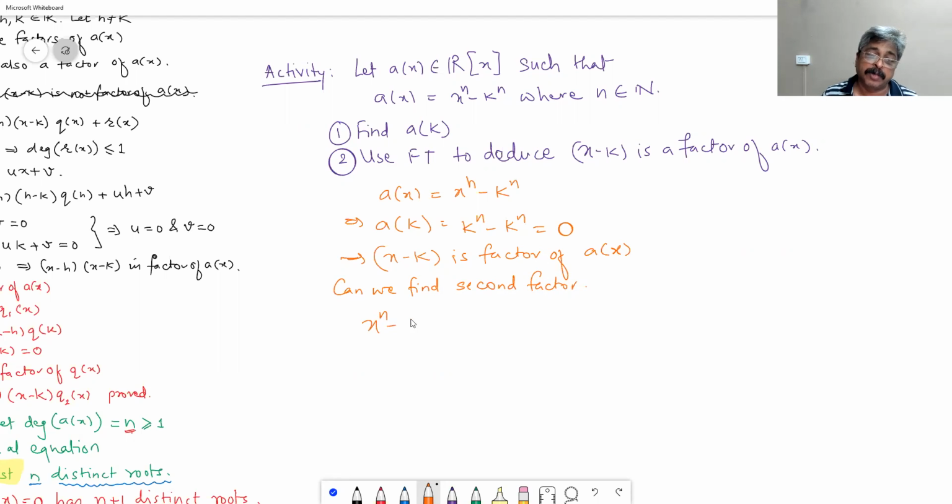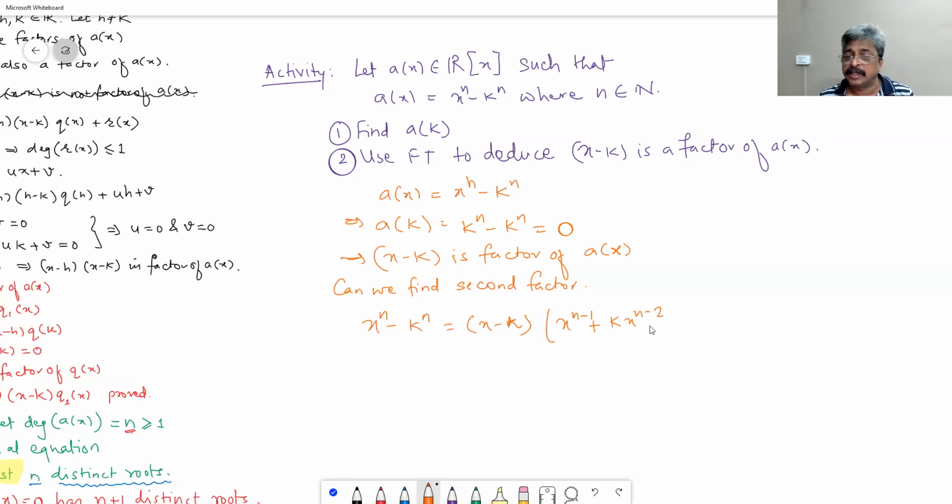Yes, x raised to n minus k raised to n is equal to x minus k times, inside bracket, x raised to n minus 1, by the method of forcing factor. We want to produce x raised to n, therefore x raised to n minus 1. In the process, we have produced minus k x raised to n minus 1. We don't have anybody to cancel it, therefore plus k x raised to n minus 2. In the process, we have produced minus k square x raised to n minus 2.